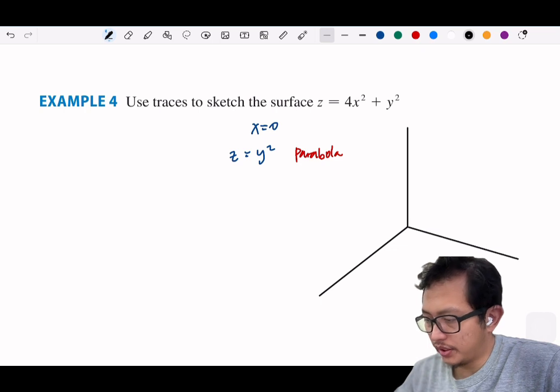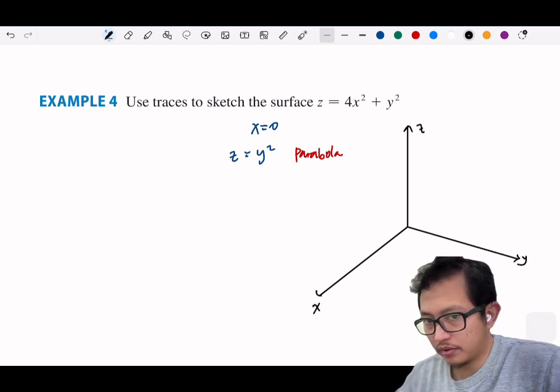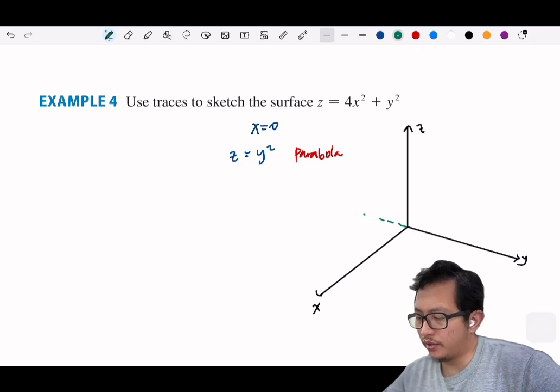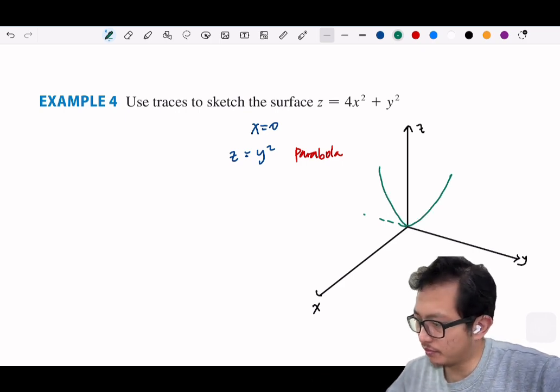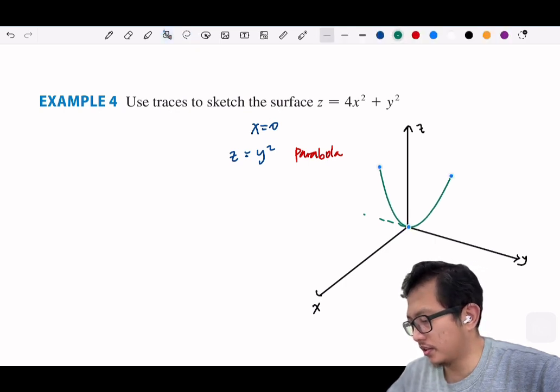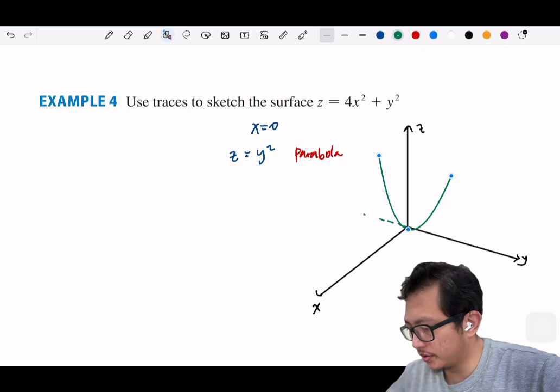So let's say we have the drawing here. So z and y, so let's say that is our parabola.